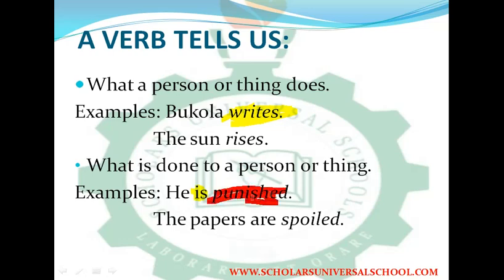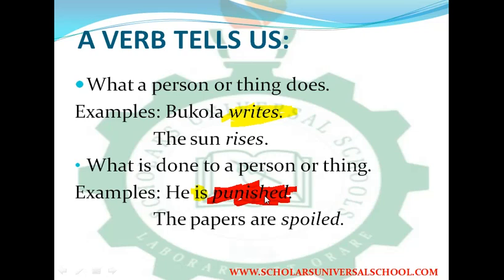Now we have our main verb here, which is punished. So punished is in its past form, which then tells us that the action is being done. Yes, it's been done. Is punished.